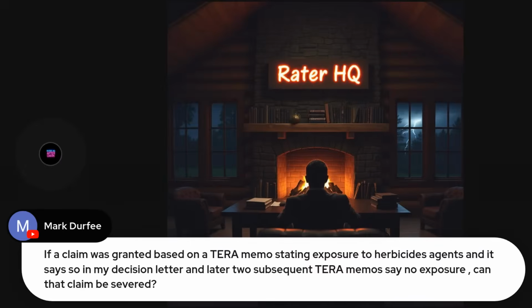Two people that wanted points overturned the TERA memorandums, and then a fourth person came along and said, "What are you doing? Stop doing this," and then reinstated the herbicide exposure. I wouldn't make any moves on this unless you know the lay of the land. I would want to know what the current TERA memo says, the most recent one, and all that kind of fun stuff.